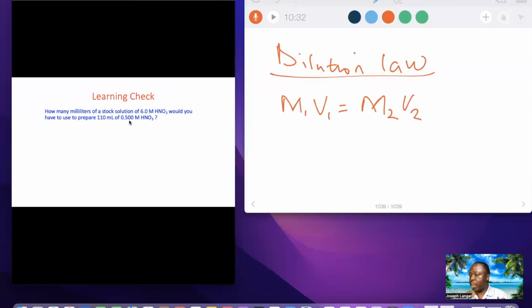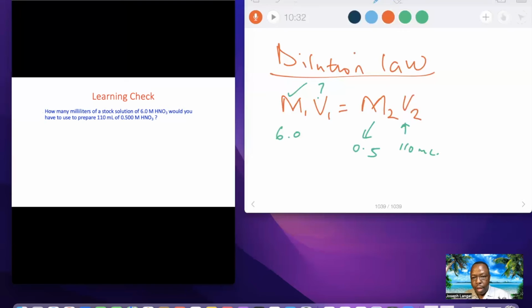I'm given M1, which is 6.0. This is what I'm looking for, because how many ml of that, V1, will you need to prepare? 110 is what is given. This is 110 ml, and this is 0.5.